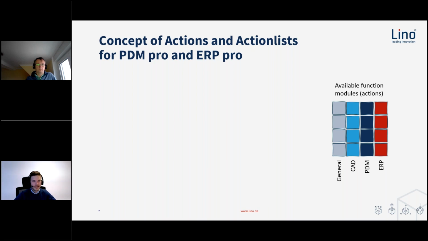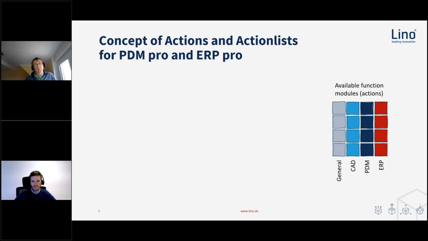And how can an action list be defined? There is a large number of function blocks available for this purpose, as you see in a small example on the right-hand side. These function blocks can be used in so-called actions.